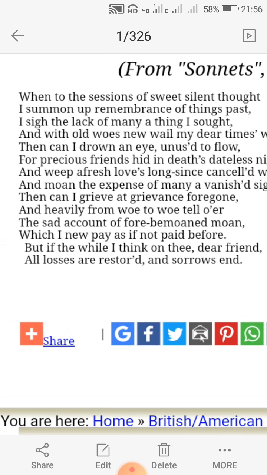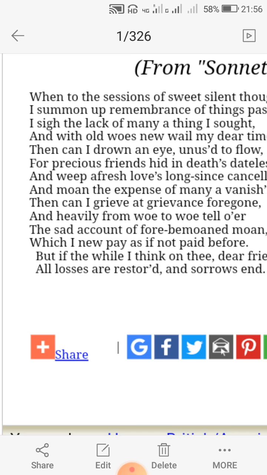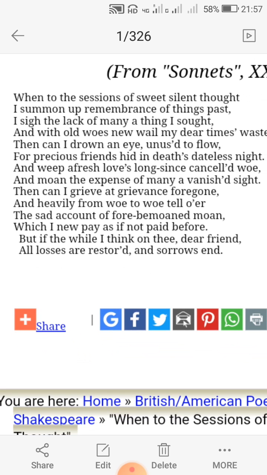However, the past has passed, but the poet is making his past woes, past sorrows, past pain new again, because he is regretting them, and mourns the expense of many a vanished sight.